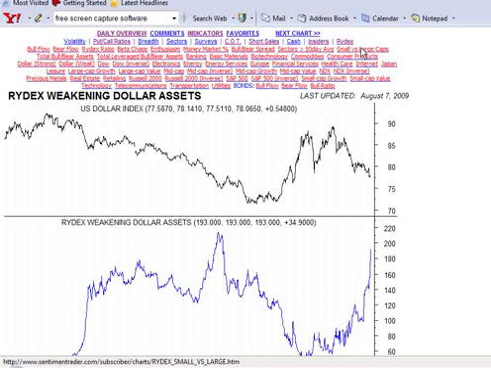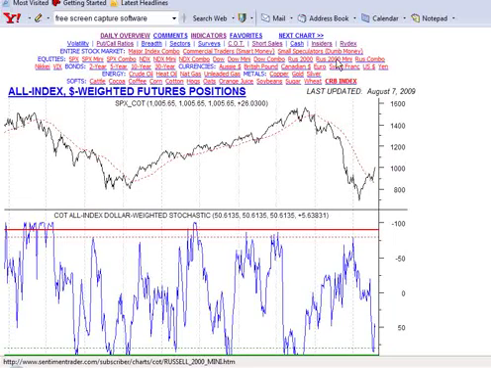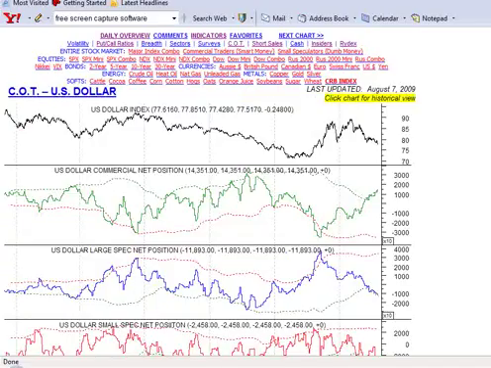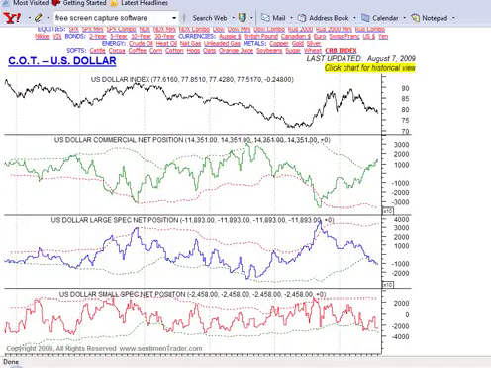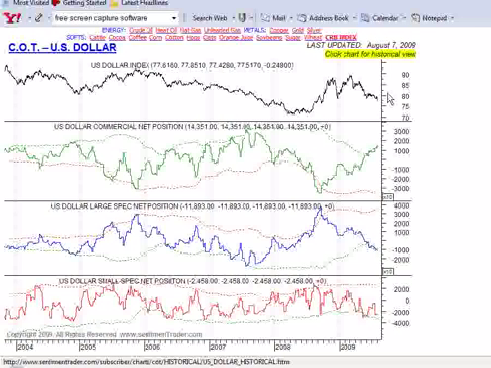Now I'm also going to show Commitment of Traders data for the US dollar, and this is a chart of the US dollar, and then this is the commercials or the smart money, and these are the dumb money, the large speculators and small speculators.